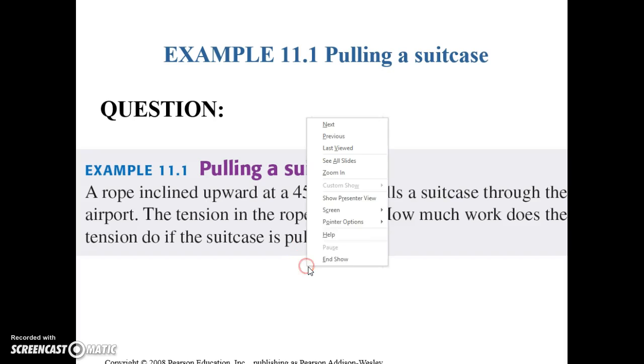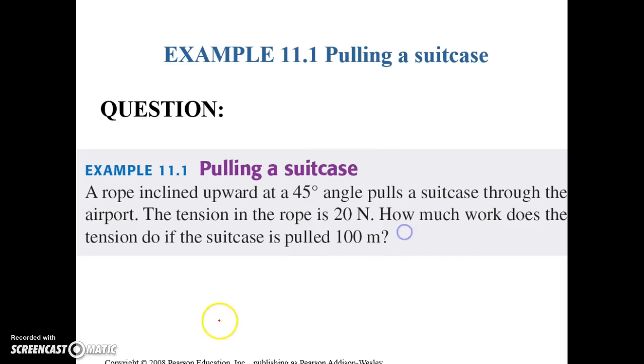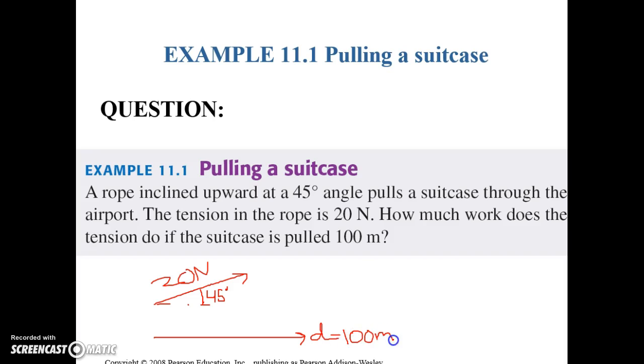So here is an example. A rope inclined at 45 degrees, and the tension in the rope is 20 newtons. How much work does the tension do if the suitcase is pulled a distance equals 100 meters?